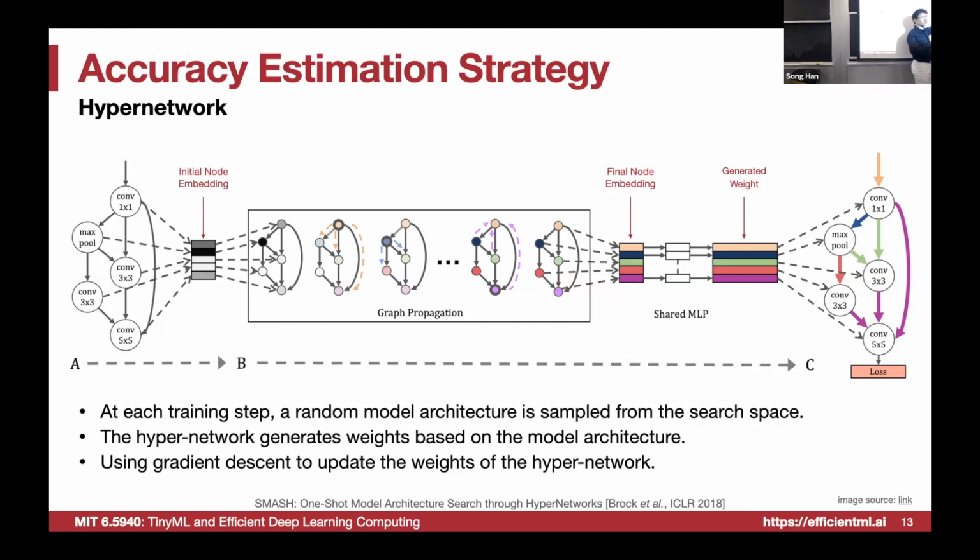The final embedding also gets changed. But we can just train this hypernetwork to predict a new set of weights. So we are sharing the information here rather than train something, throw it away, train something, throw it away. But here we are not throwing away this MLP, this hypernetwork. So we can use gradient descent to update the weights of that hypernetwork.